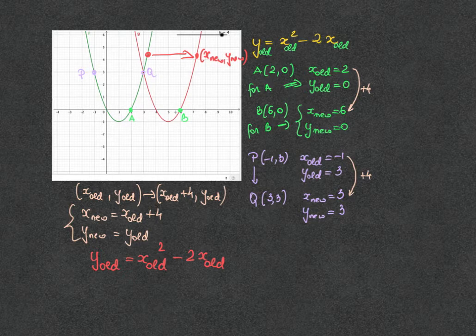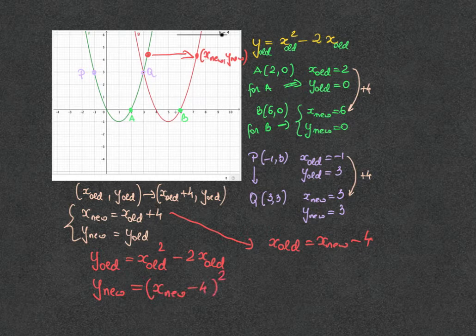Now I need to move to the red one, so I need the new coordinates. But we know that y old is the same as y new. So instead of y old, I put y new. And from here, x old is x new minus 4. So x old is going to be (x new minus 4) squared minus 2 brackets x new minus 4.